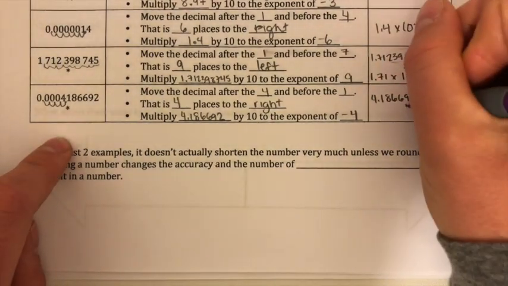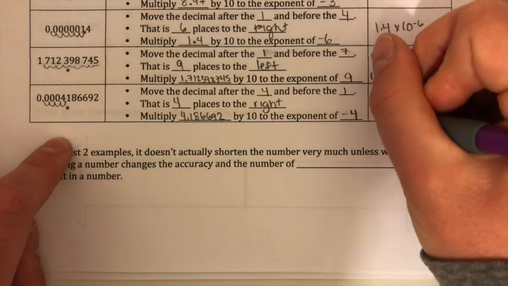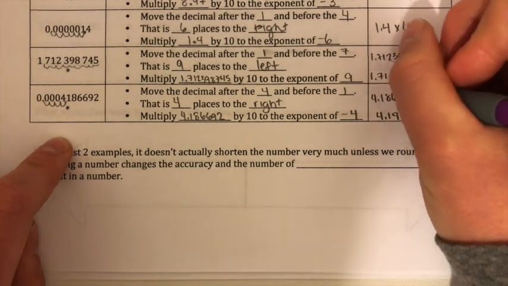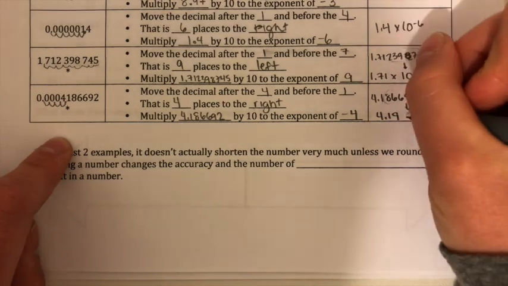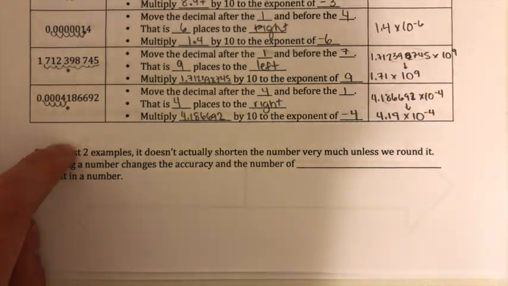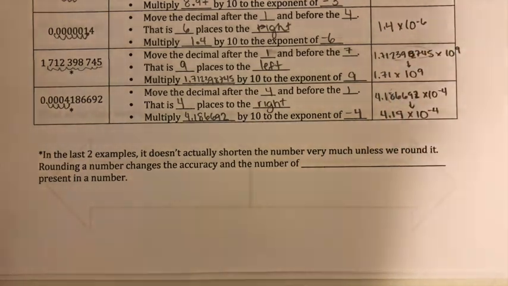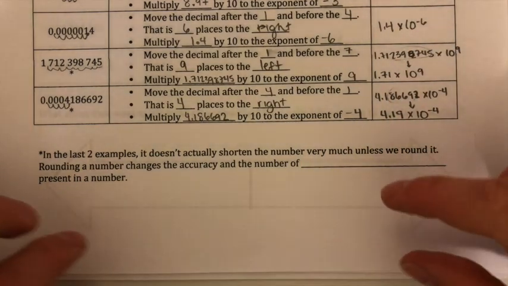Again, that's really long, so we can round this. So maybe we do 4.19. We still have to use rounding rules wherever we decide to cap it, times 10 to the negative 4. So that's approximately the same. We're just losing the accuracy of the rest of those digits.